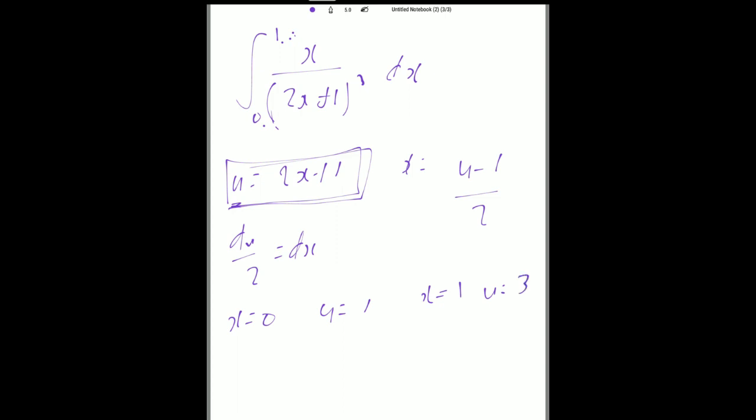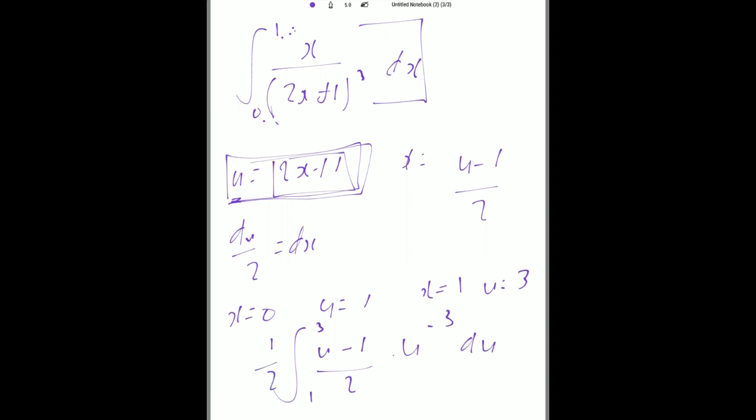So that means that if we're integrating this expression with respect to u, where u is equal to 2x plus 1, then we would be integrating from where? From 1 to 3. But what exactly would we be integrating? We would be integrating (u minus 1) all over 2 times u to the negative 3 with respect to u. And let's factor out that half.